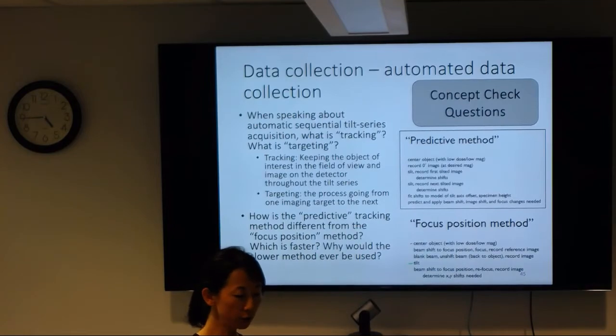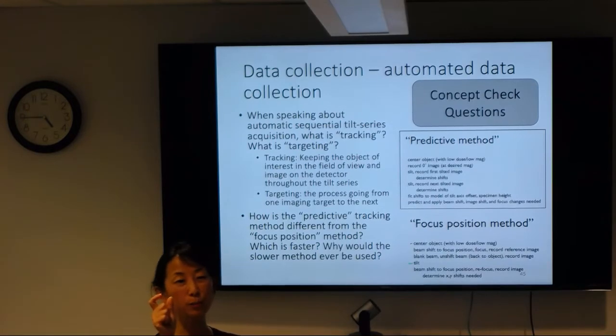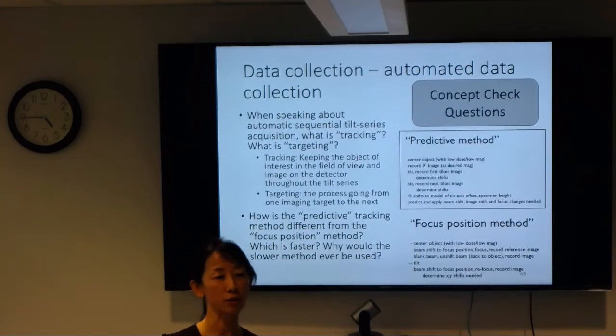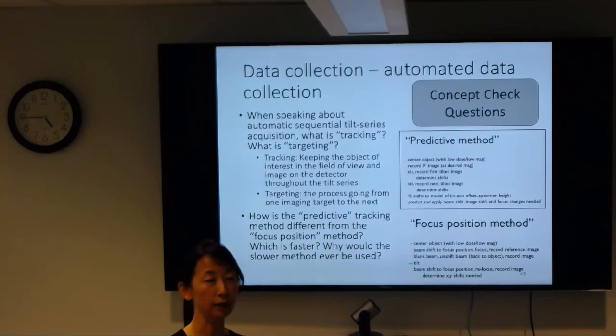But if you do focus position, most of the programs are a combination of the two. They have a holder file. They know their stage, their holder, how much it is going to change for each tilt. They build in that number before they do tracking. That way you have a very small range of translation from one tilt to the other.